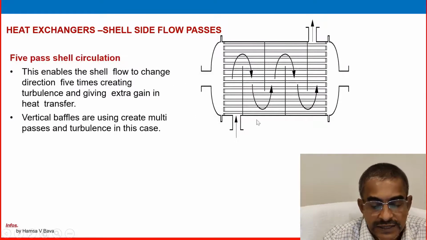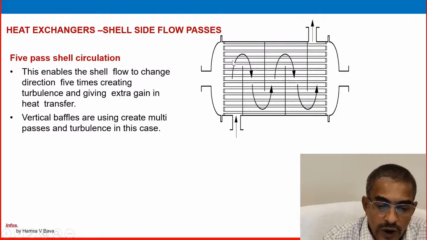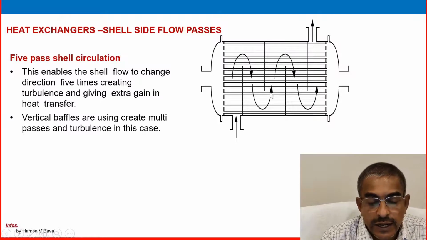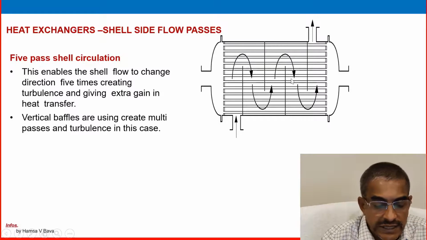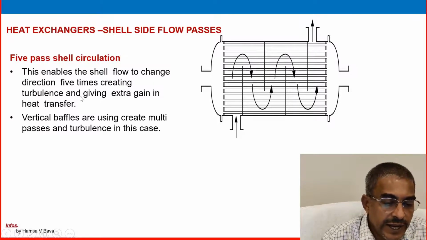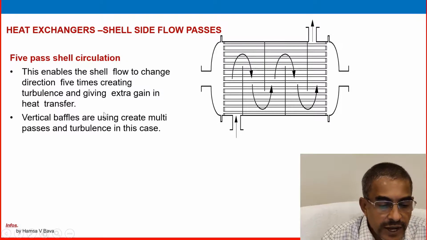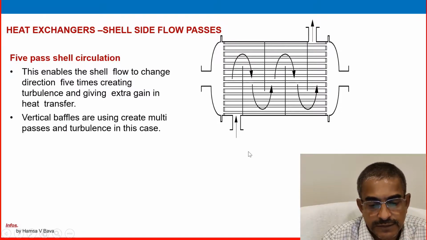Multipass is arranged with vertical baffles in such a way that 1, 2, 3, 4, 5, so more and more turbulence is created and better heat transfer takes place between the tube and shell side. This enables the shell flow to change direction 5 times, creating turbulence and giving extra gain in heat transfer. Vertical baffles are used to create multipasses under turbulence in this case.